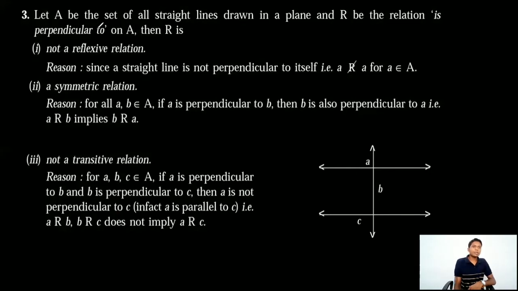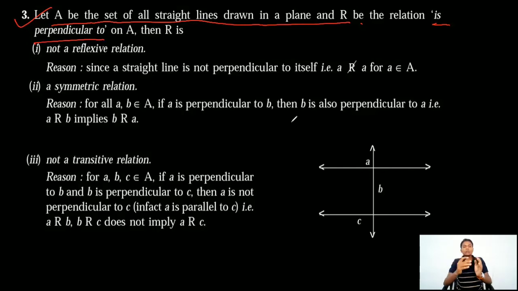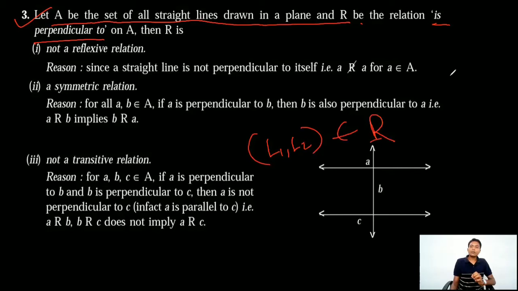Example number 3. Let A be the set of all straight lines drawn in a plane, and R be the relation 'is perpendicular to', meaning all those pairs of straight lines L1 and L2 belong to set R if L1 is perpendicular to L2.